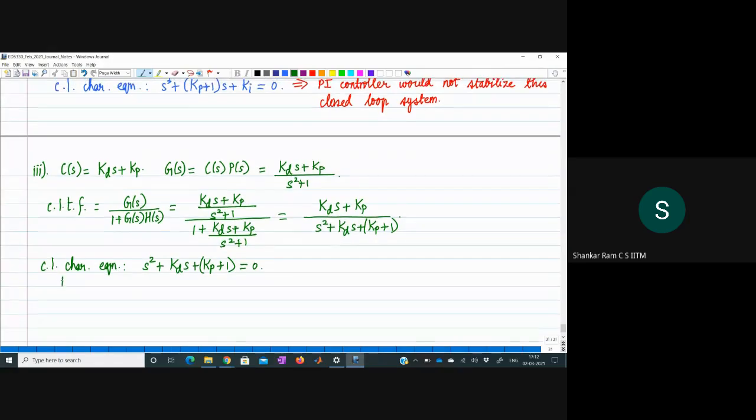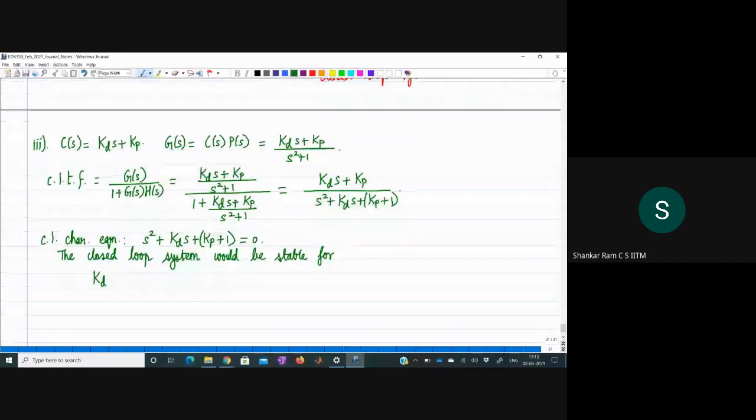Thus the closed loop system would be stable if the coefficients need to be positive.